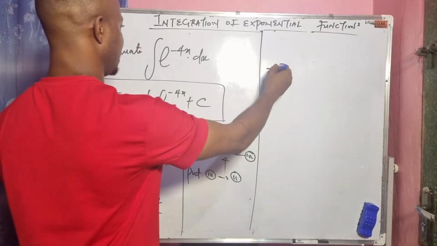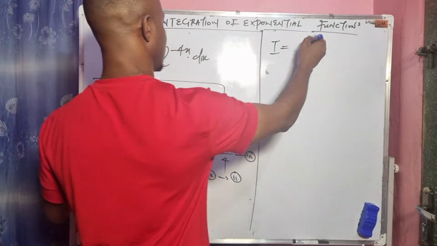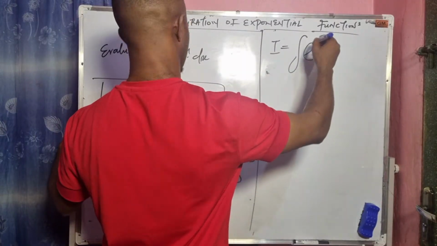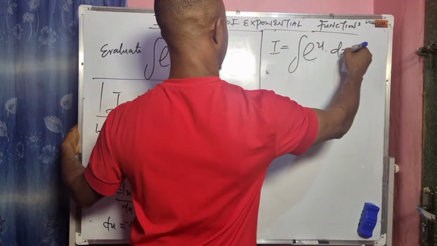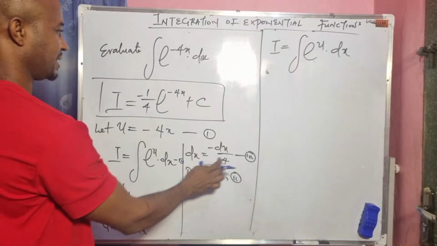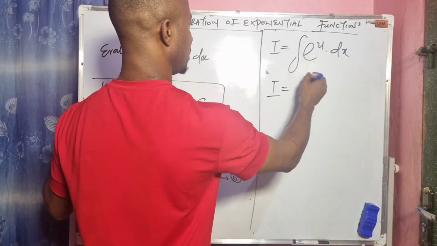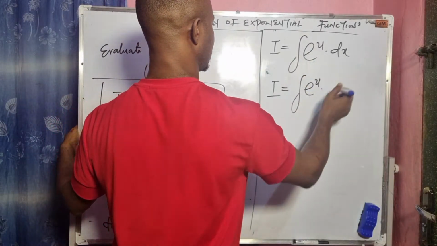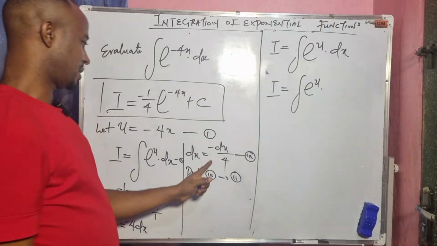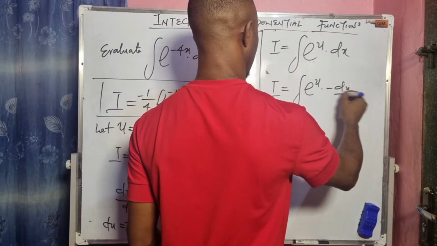That will give us our integral. Let's recall that the integral equals the integral of exponential u dx. This is equation 2. So let's put in our dx. That will give us I equals the integral of e^u, where dx is minus du over 4.